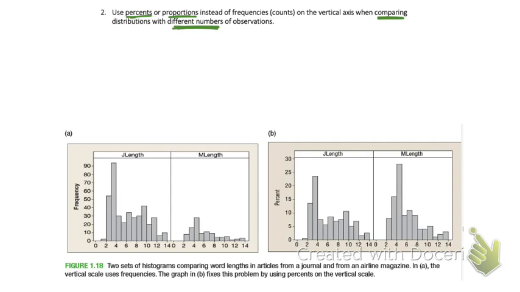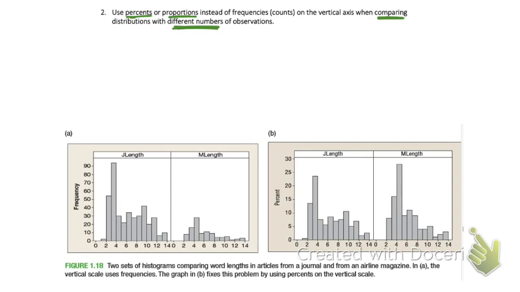So we put it on a percentage basis, and now look, there is a larger percent of 3-letter words in a magazine than there are in a journal. Because again, journals are going to have longer words usually anyway. The magazine's just going to have little short words with their little pictures. Okay?